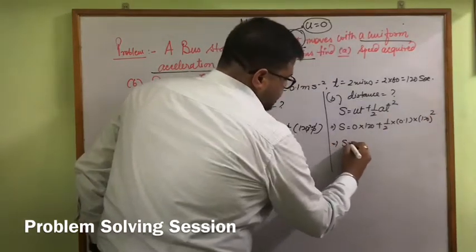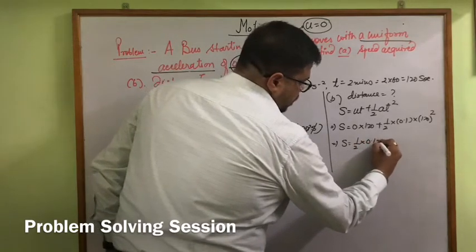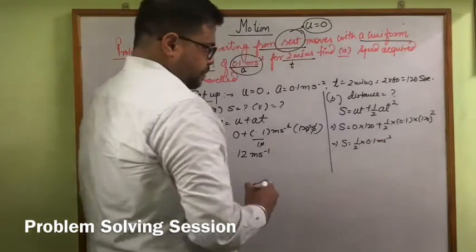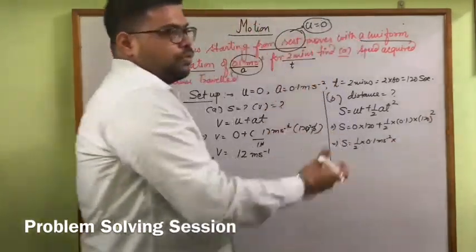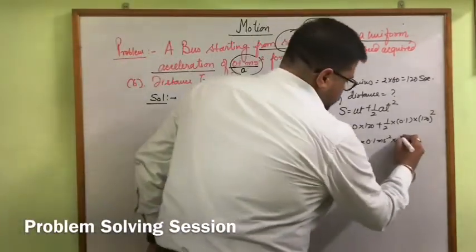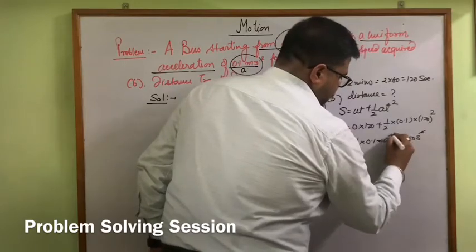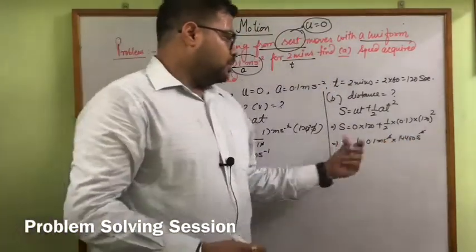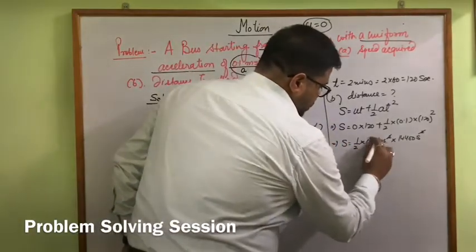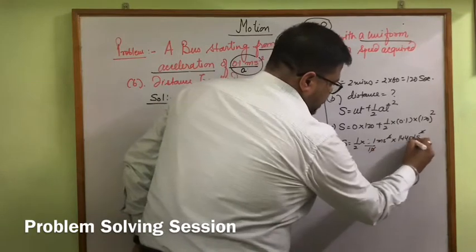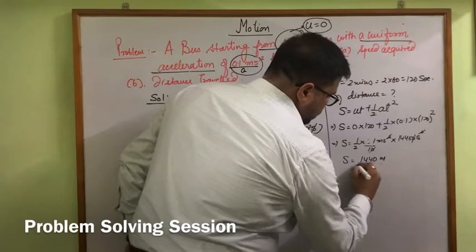Now the first term goes to 0, so the remaining part will be 0.1 meter per second square, and time 120 squared is 14400, and the second is also squared, so it cancels. See, the distance traveled comes in meters. Now we are going to solve this. We can write this here and then cancel out. So s will be 1440 meter by 2.